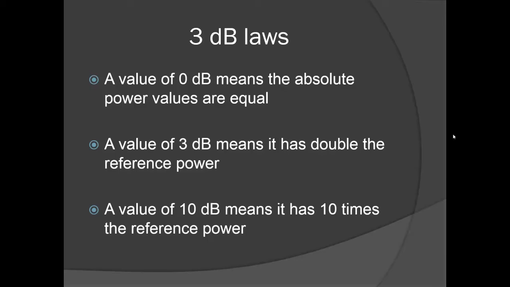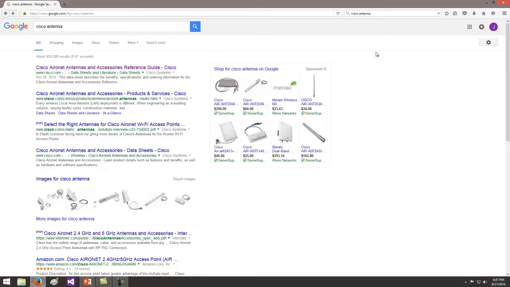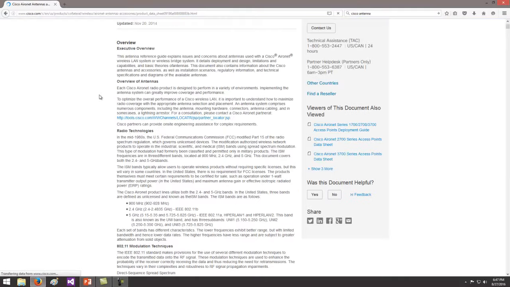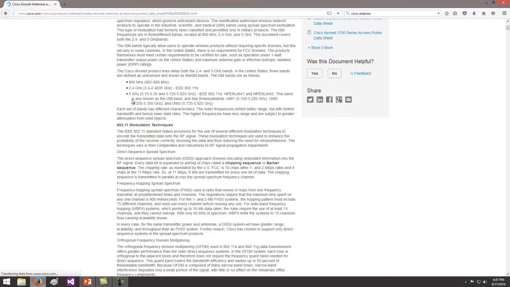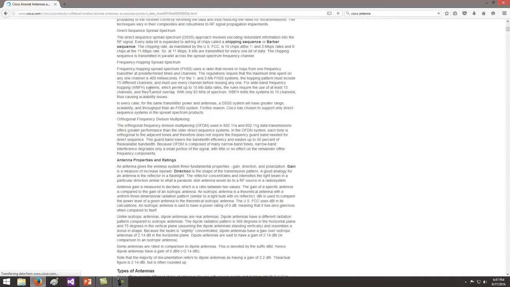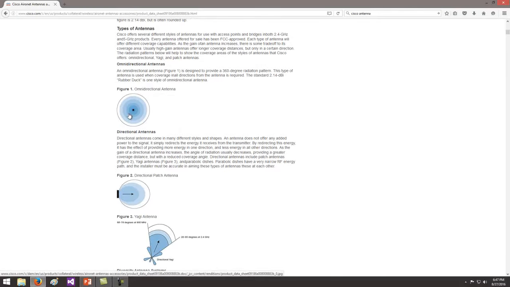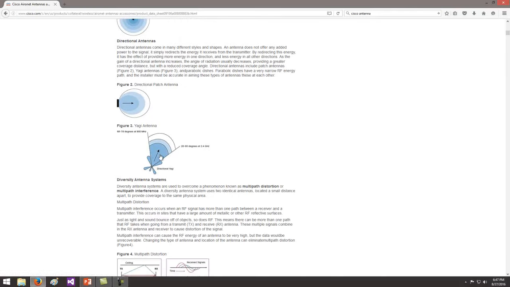Alright, so what do antennas look like, or what do you see when you see them? Let me show you. If you just pop in Cisco antenna and Google it, it's the very first one, cisco.com, the reference guide. And it goes through all the different stuff that your book goes through, the different frequencies, the modulation techniques, the FHSS, the DSSS, that we'll talk about in a minute, the types of antennas, omnidirectional or a Yagi, which is a directional antenna.